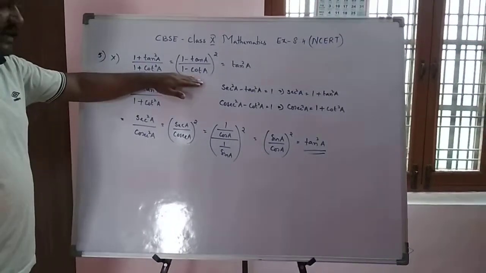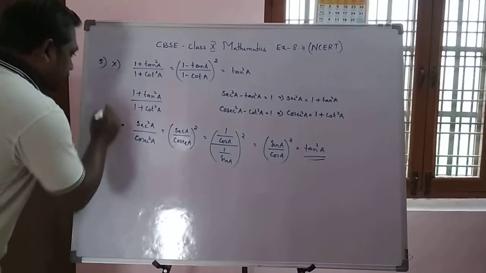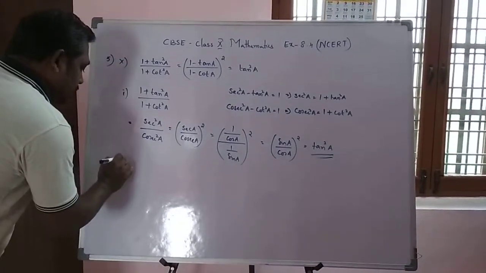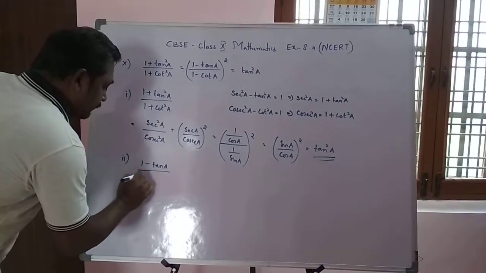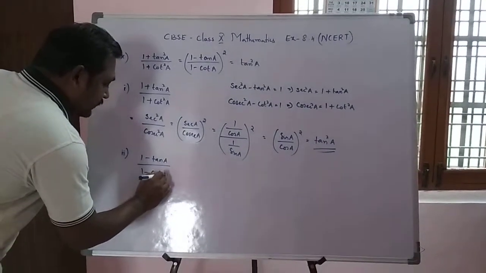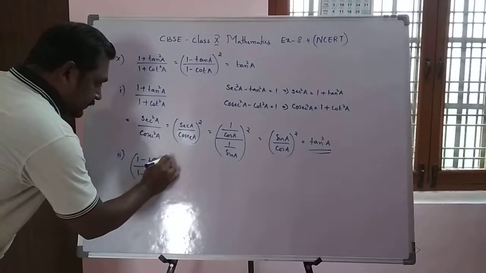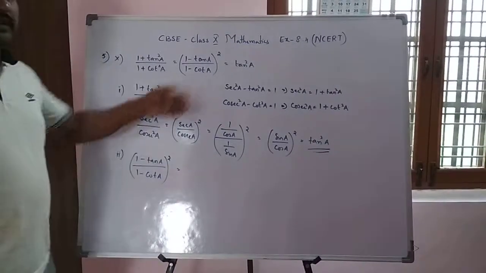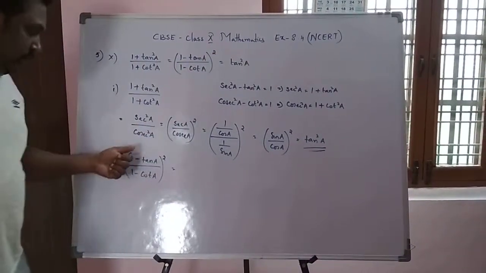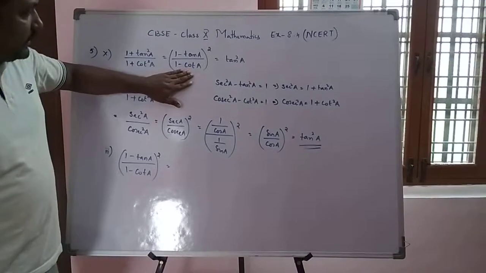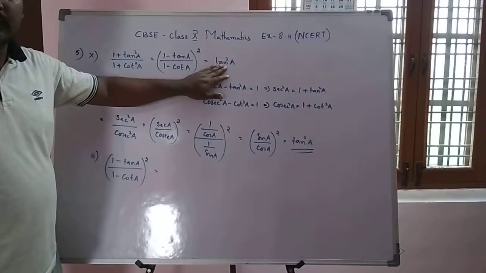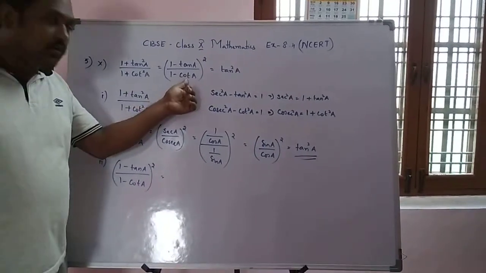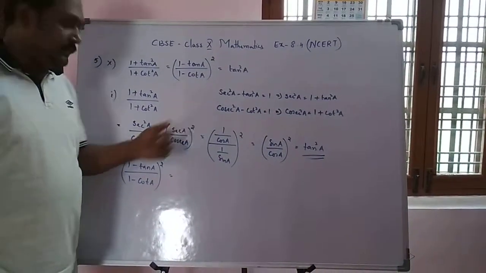Now let us look at the second part, which is (1 minus tan A by 1 minus cot A) whole square to be shown equal to tan square A again. Now in this case, we are given everything in terms of tan and cot, and the answer is supposed to be in terms of tan. So let us convert this cot function into tan function.